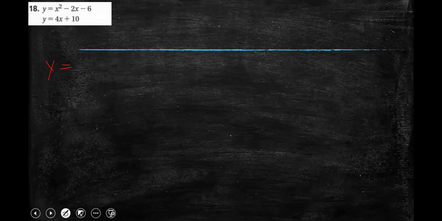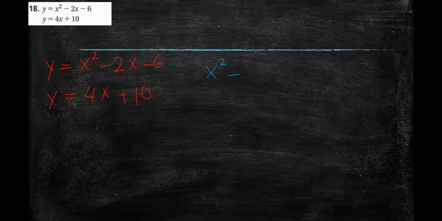y is x squared minus 2x minus 6, and y is 4x plus 10. As we said, we put one equation on the right and one equation on the left. x squared minus 2x minus 6 on the left as an example, and 4x plus 10 on the right. Is it clear? Now step by step.